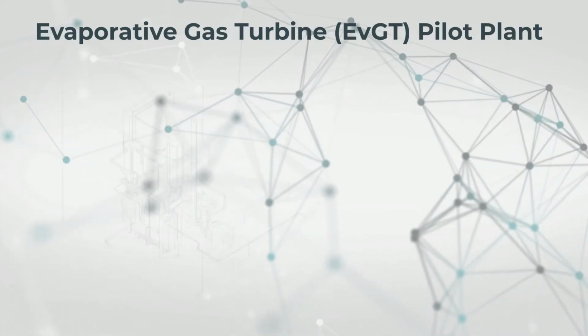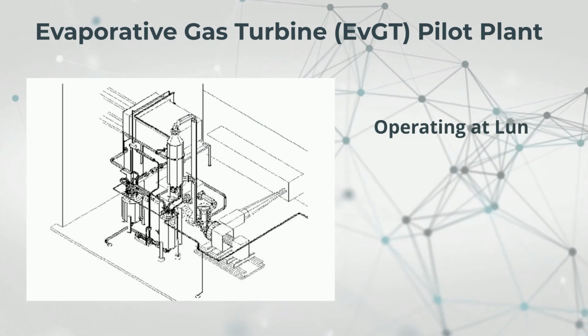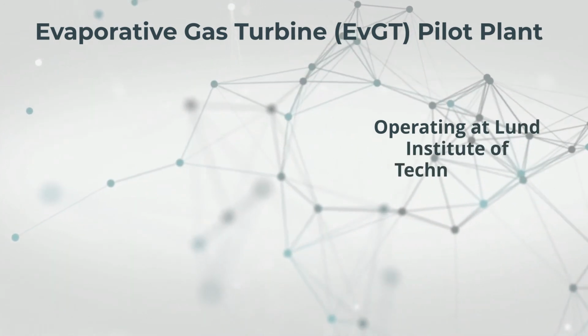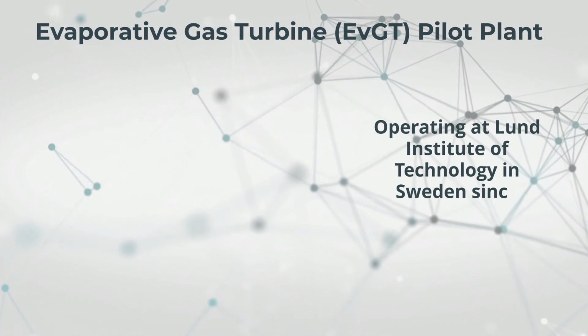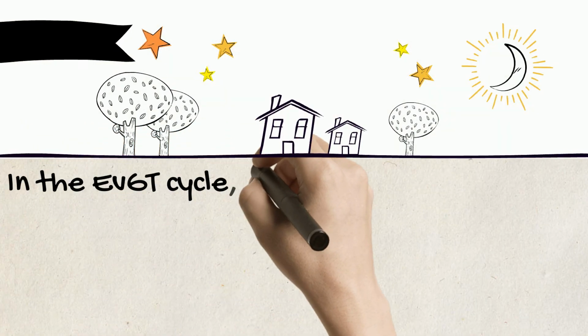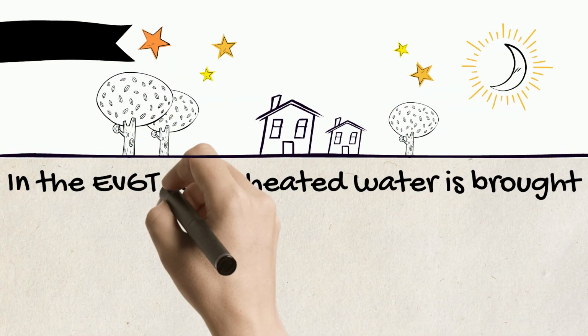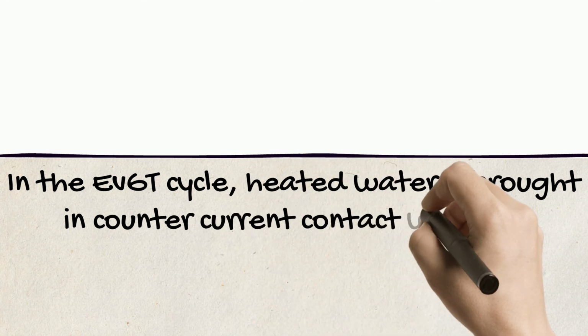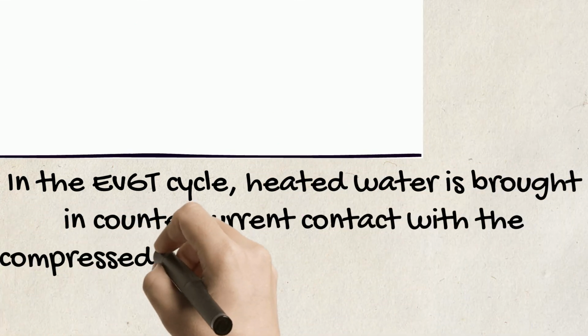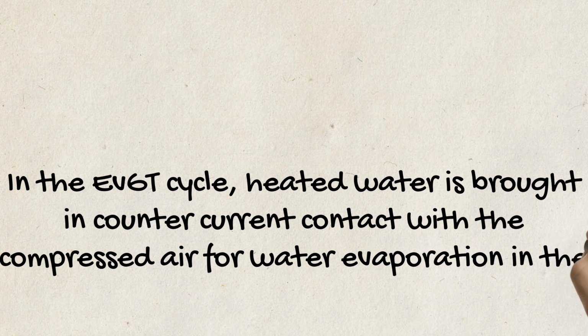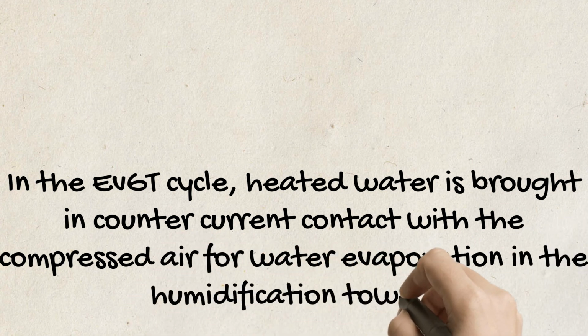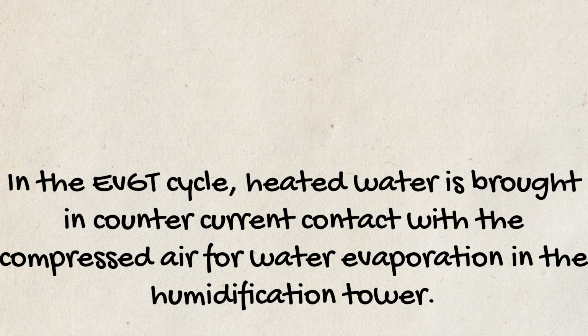Evaporative gas turbine pilot plant is one of the industrial plants that uses the application of humidification. In the EVGT cycle, which is from the evaporative gas turbine power plant, heated water is brought into countercurrent contact with the compressed air for water evaporation in the humidification tower.